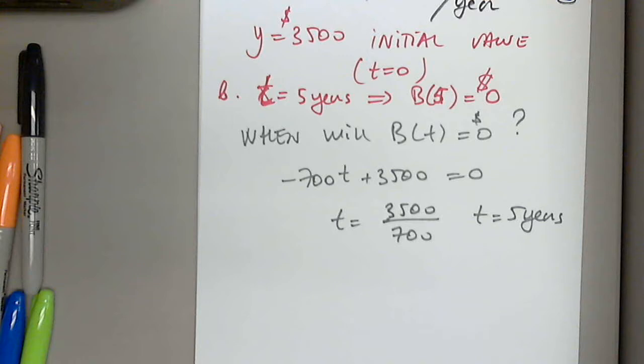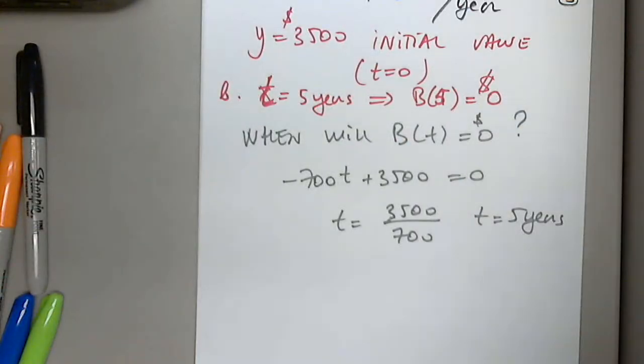Okay, so also they ask, what is the domain of this function B? Let's look at the function one more time. You could say, well, this function is linear, and linear functions exist for any real number? Yes. However, B of t has a practical meaning now, and I have to be careful. I cannot talk about negative years.